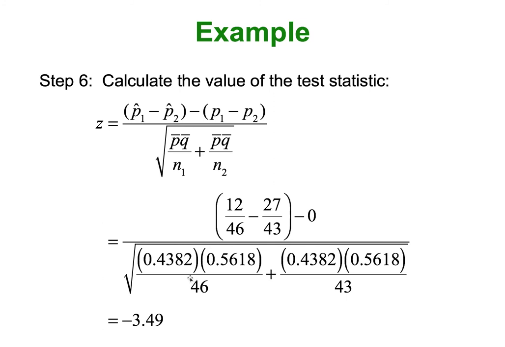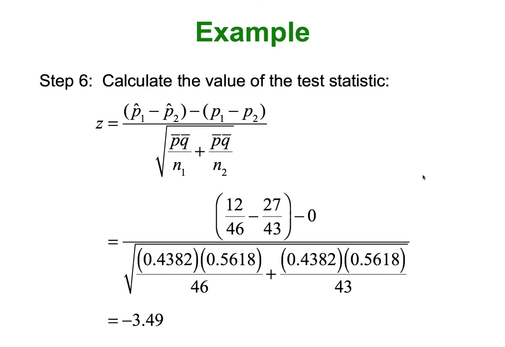And then in the denominator under the radical, we multiply the p-bar, the pooled proportion, by its complement, and divide by the sample size of the first population, which is 46, and we do the same, or similar, for the second sample from the second proportion.